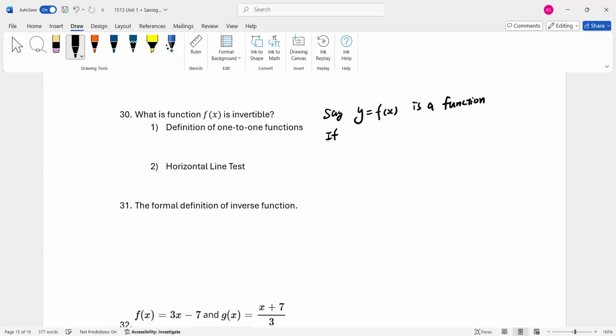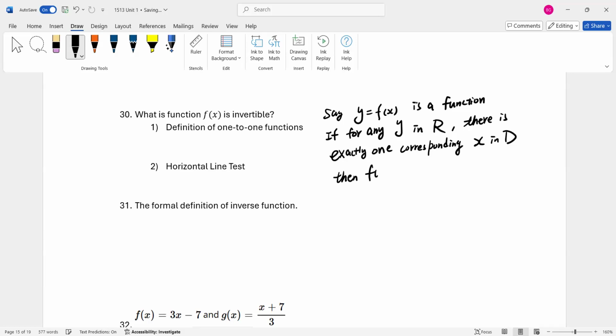If for any range element y in R, for any output in the range, there is exactly one corresponding domain element in the domain, make a pair with it, then f of x is a one-to-one function.